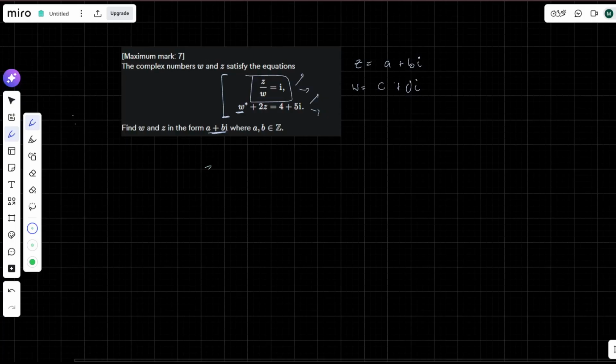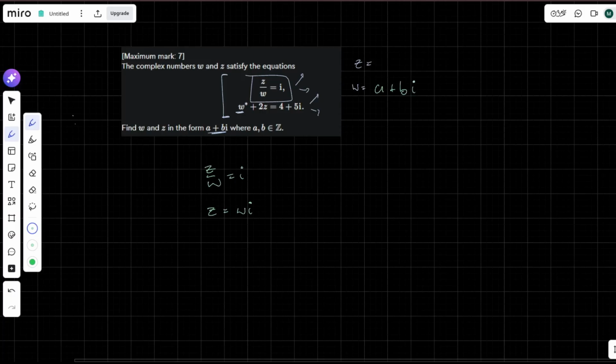So if we do Z over W equals I, one way that I can rearrange this is to say that Z is Wi. So instead of thinking about these as distinct, I could just go in and say, let's make W A plus BI.